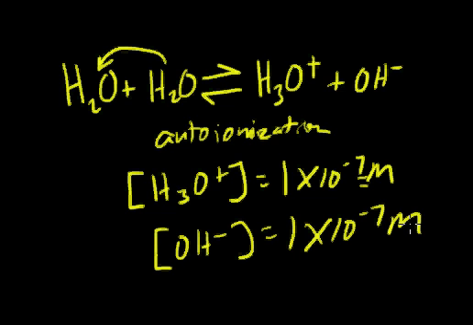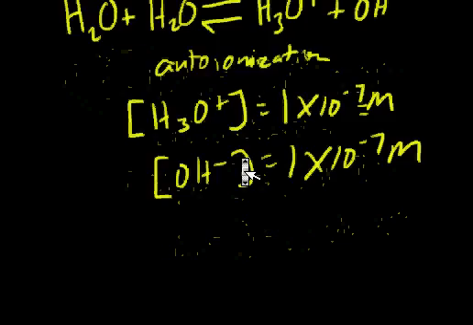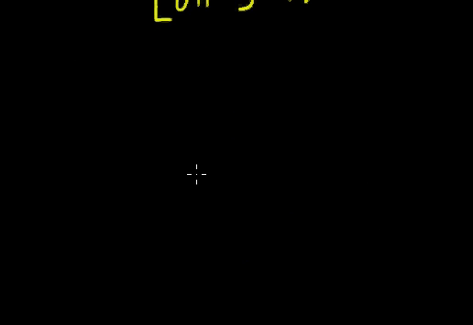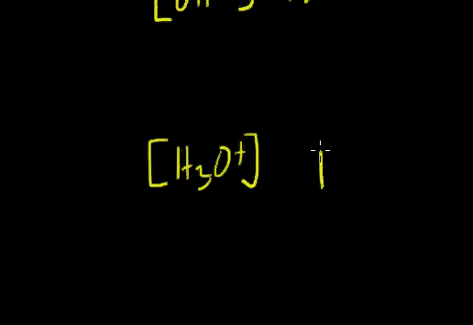So let's think for a second. If I started putting some acid into this water, what is going to happen to the hydronium concentration, and what will happen to the hydroxide concentration? Well, think about that for a second. If we put acid in, we've said that acid produces hydronium in water. So as we add more and more acid, the hydronium concentration will increase and increase and increase as more and more acid is added.